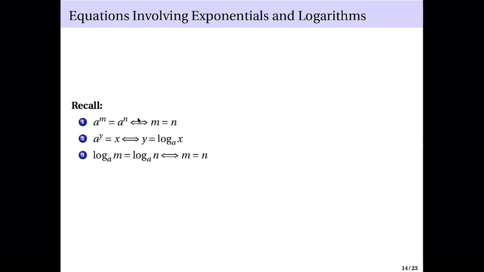So these properties or this definition, particularly number 2, and properties 1 and 3, plus the other properties that I introduced earlier, will be useful in solving equations involving exponentials and logarithms.